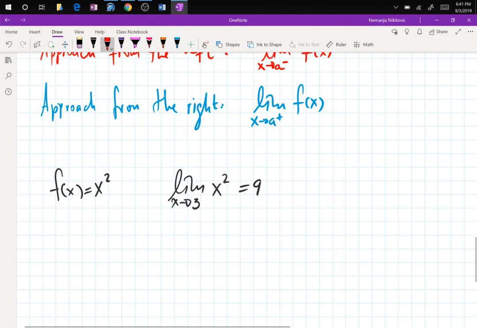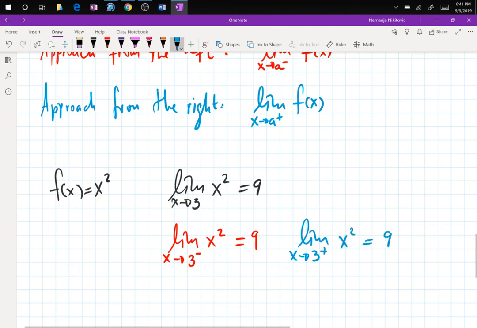So we can actually write limit of x squared as x approaches 3 minus. That's Juliet, and she gets 9. And the Romeo, on the other side, limit as x approaches 3 plus of x squared, and he gets 9 as well.